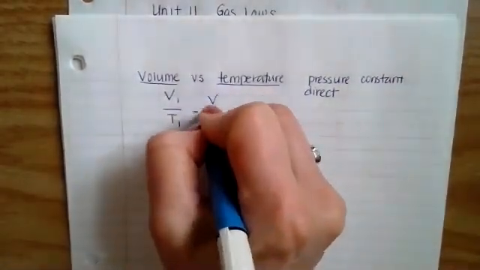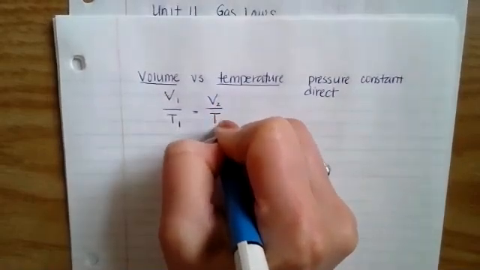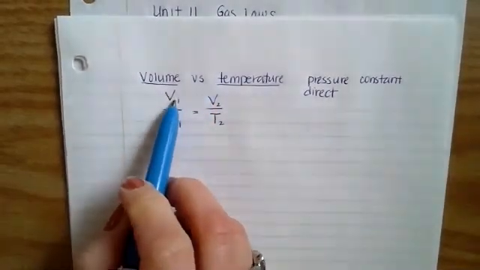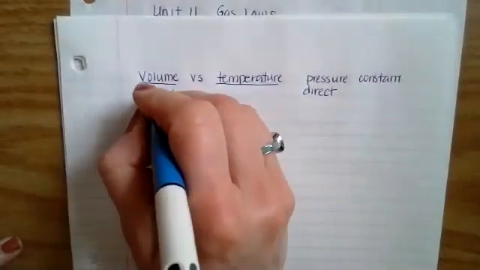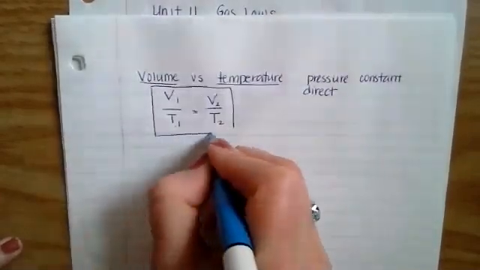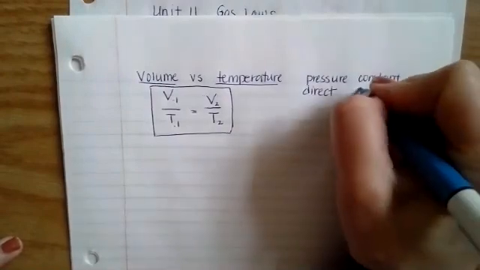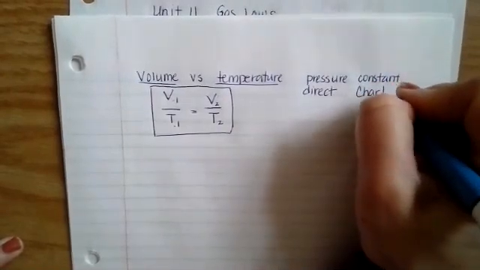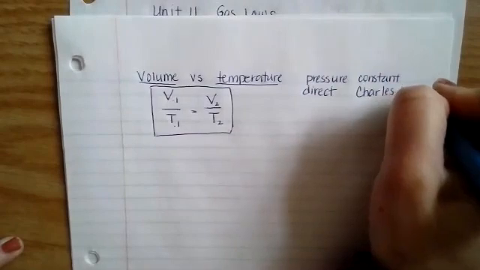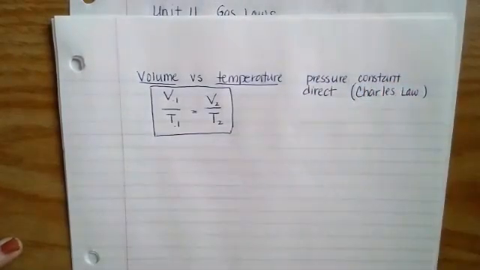Or we'll write up the next part. As my temperature decreases, my volume decreases. Let's box that equation in. I want to make note of what scientists discovered that. So we call that sometimes Charles' law.